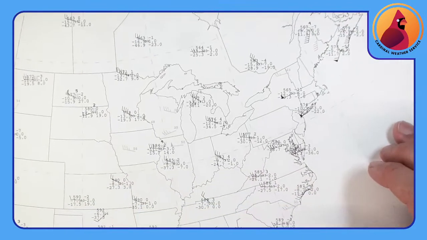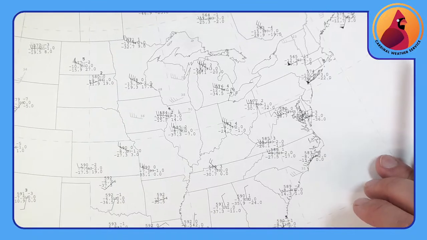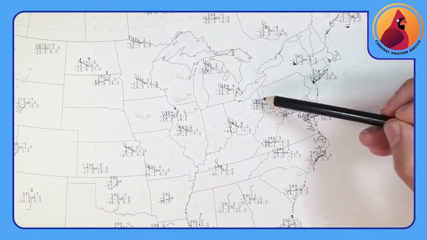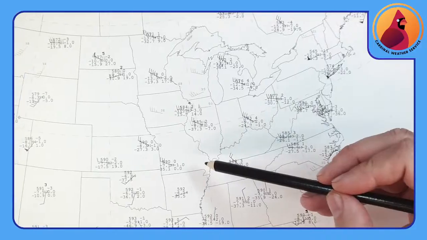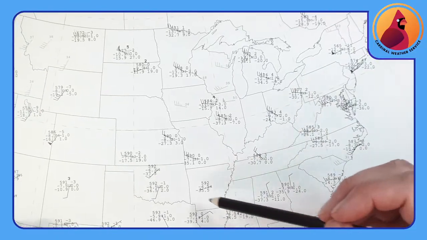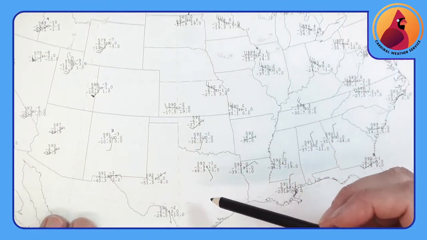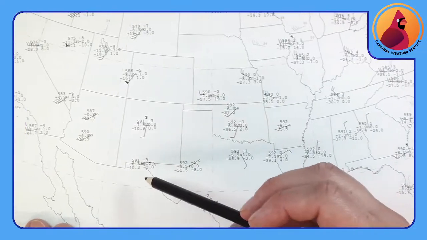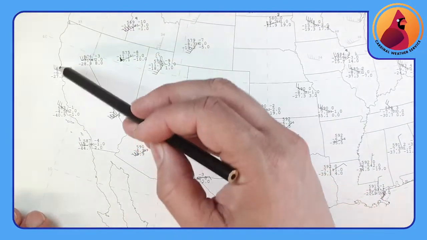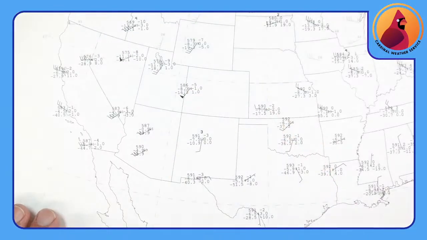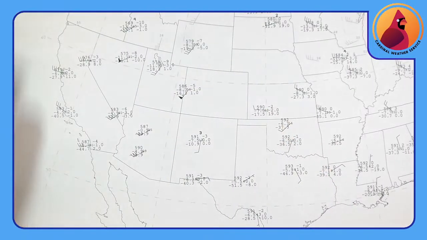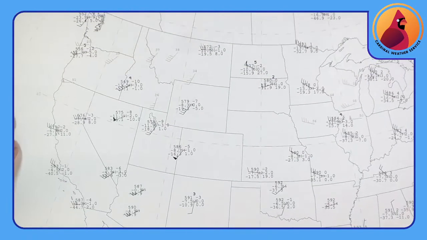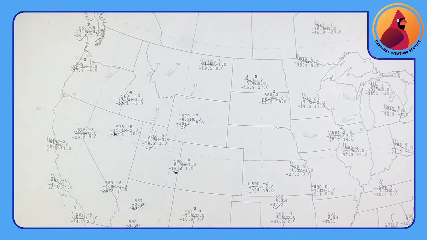Taking a quick look around the rest of the map area, we've got 570s, 580s, 590s, 590s down here, some 580s, 570s. That gives us a pretty good feel for the lay of the land in terms of where our values are for heights.